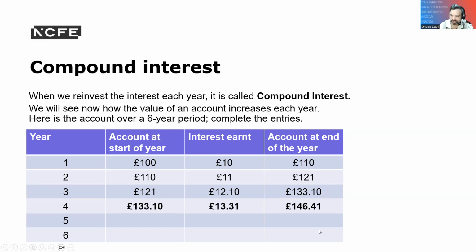We then bring that forward to here. We now do 10% of that, so then that's 14.64. So can you see, because it's 10%, it's 14.64, it's 13.31, it's 12.10, it's 11, it's 10.